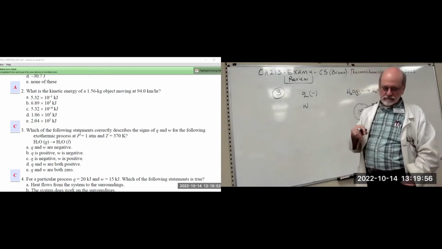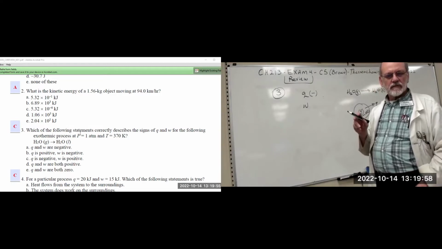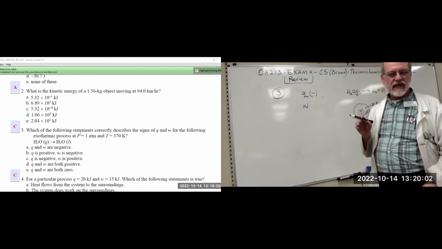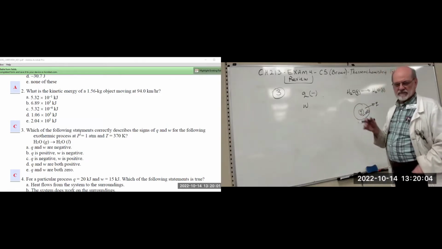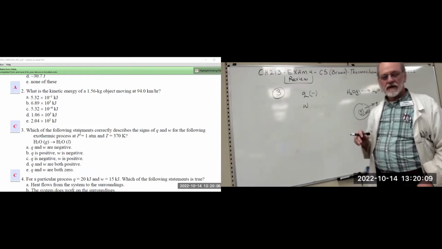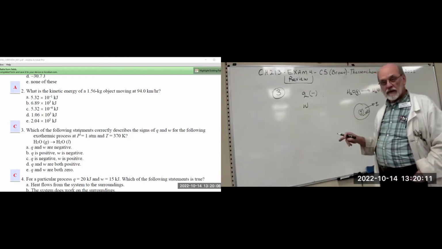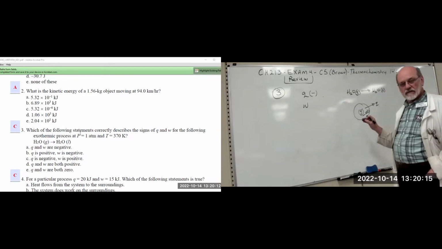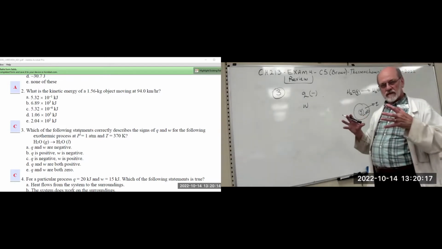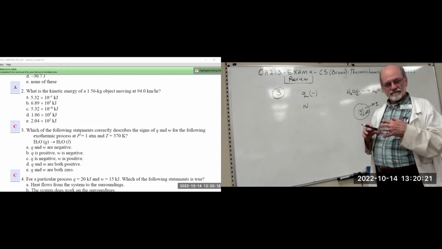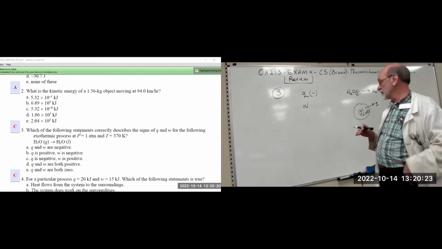At 1 atmosphere pressure and 370 K. Those facts are irrelevant to our question. So we want to find out what's the work. Well, when a gas condenses, what is it doing? Work is being done on the gas. Right?